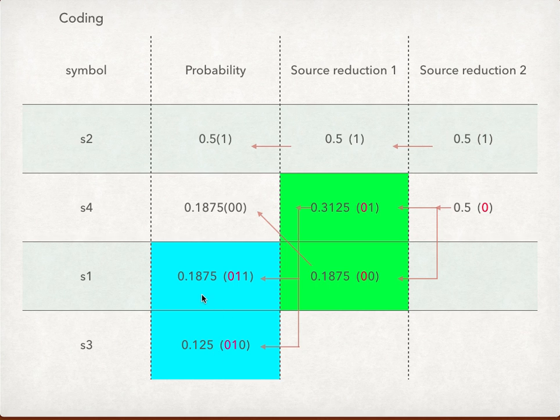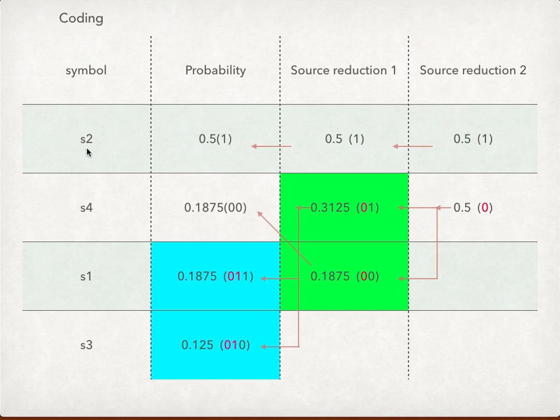To differentiate between them, you assign 1 for 0.1875 and 0 for 0.125. And this 0.5 is not changing, it is going here the same, 0 0, and here also it's the same, 1. Now for all symbols you have the code.